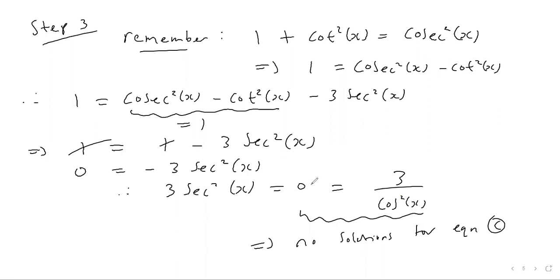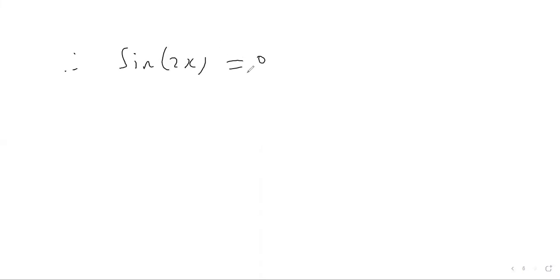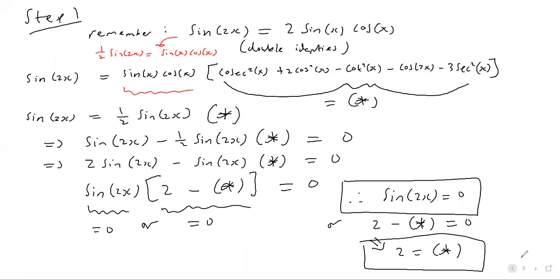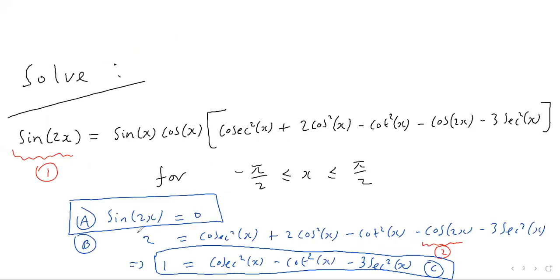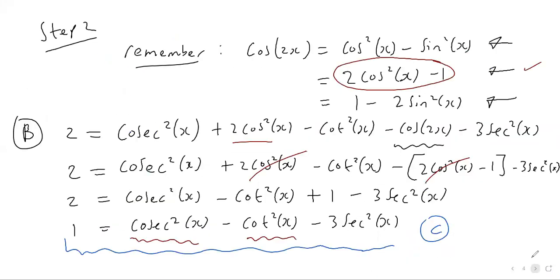For example, if this number there was a 4, then there would be solutions. But because you've got a 0 there, it's impossible to do 3 divided by a number to give you 0. So we've only got this equation here. Again, this is the part A equation from back here, the first equation, which gave us solutions.